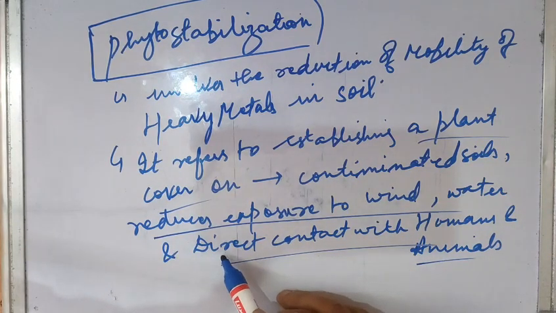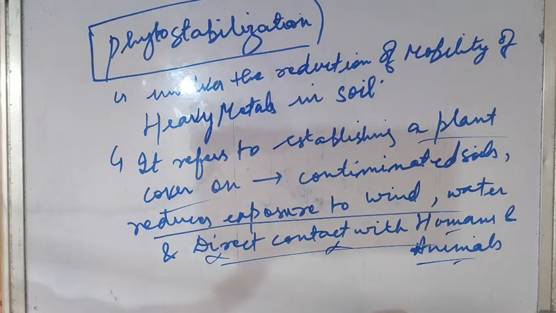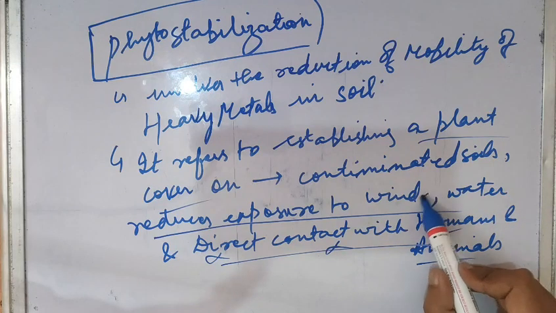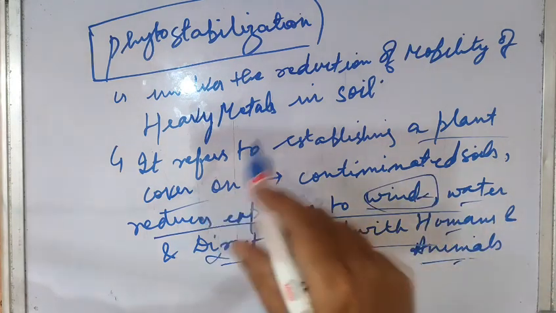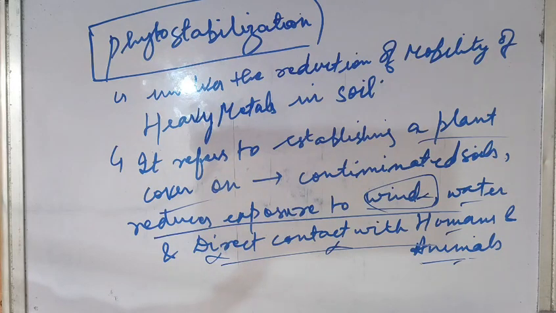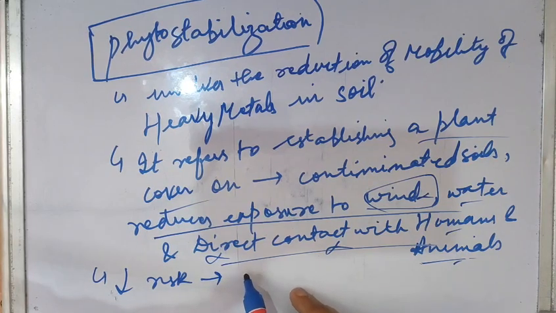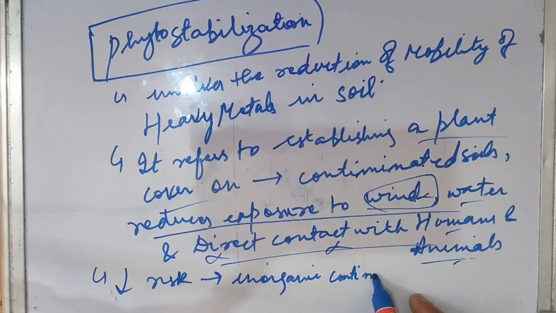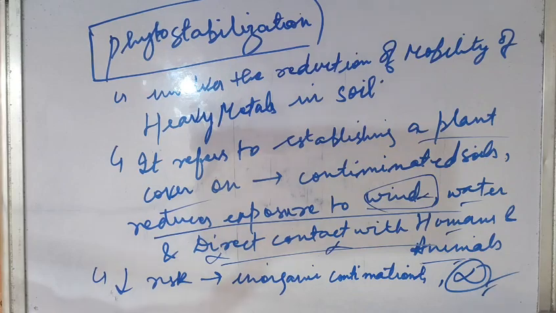They are not in direct contact with humans or soil, or highly transported by wind and water. That is why we use plant cover as phytostabilization. It reduces mobility and therefore the risk of inorganic contaminants without necessarily removing them from the soil. We do not remove them from soil.